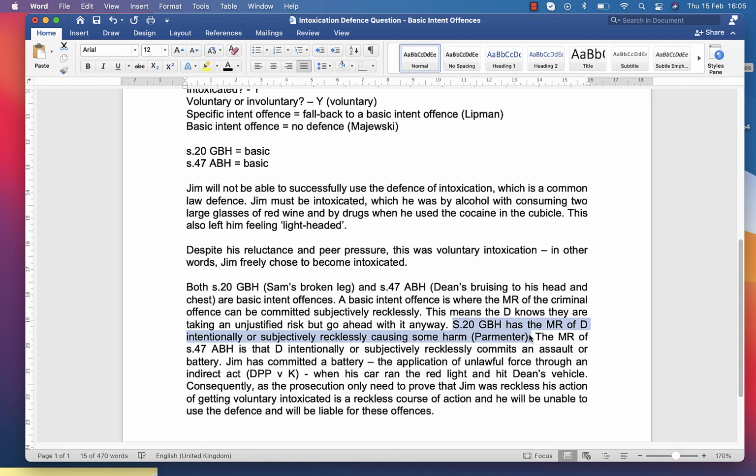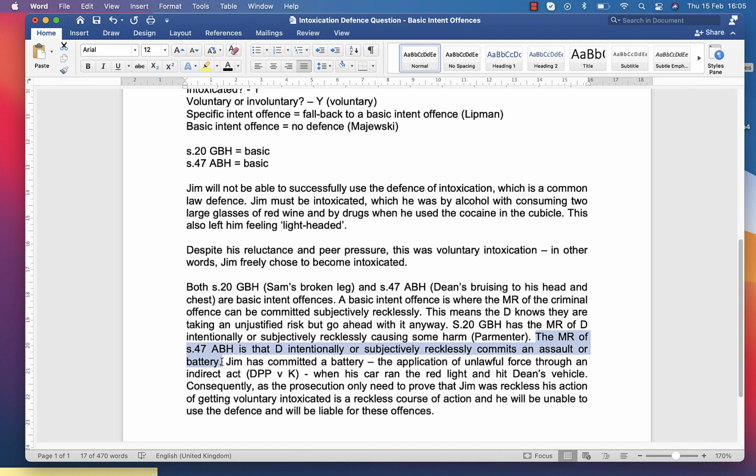Perhaps if the problem scenario was similar to any of those cases we've learned, then I might go into the facts more, but I'm really just using it to support the ratio, the point of law. So, Parmenter, the mens rea of section 47 ABH, as I said earlier, is intentionally or subjectively recklessly committing an assault or battery.